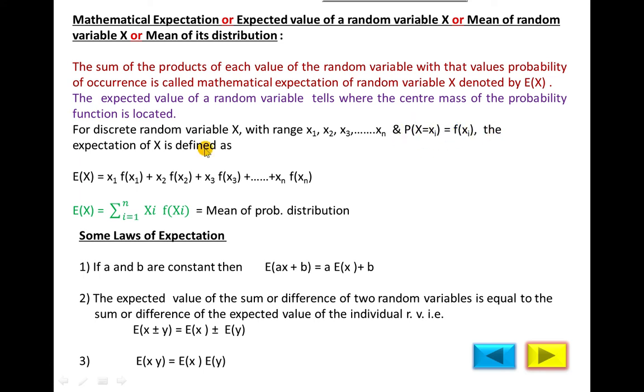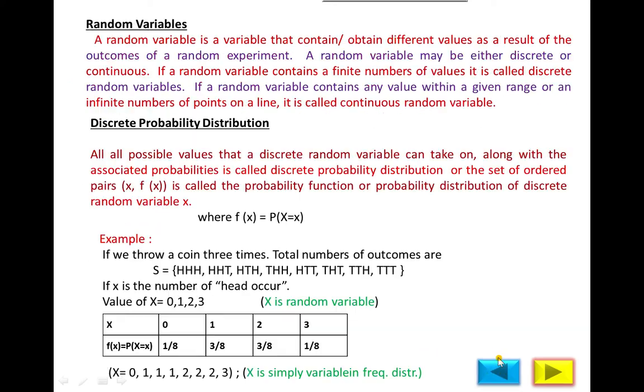Both are same. The expectation of x, Ex, is defined as first value of x multiplied by corresponding frequency, plus second value of x multiplied by its frequency, and so on up to the last value. Same as here, this value multiplied by this, plus this value multiplied by this, plus this value multiplied by this.